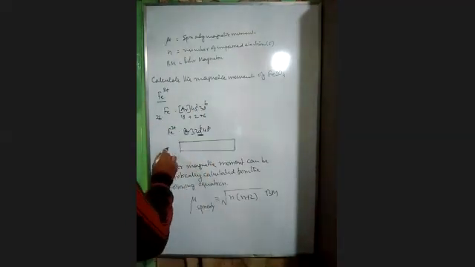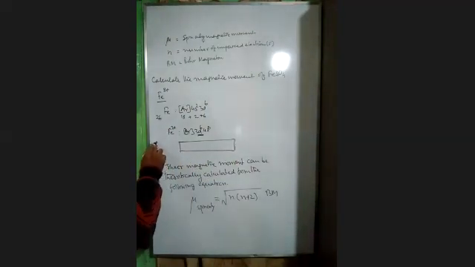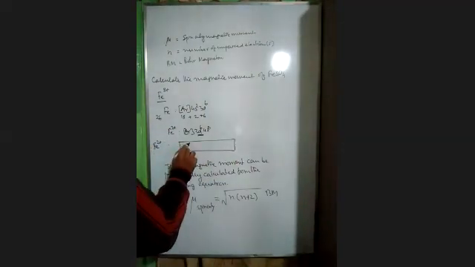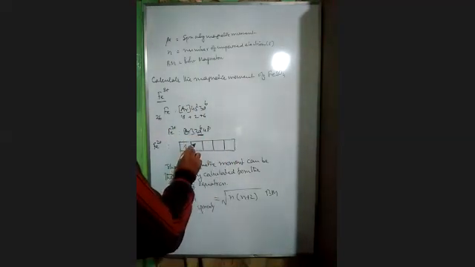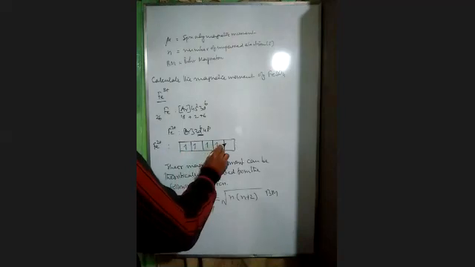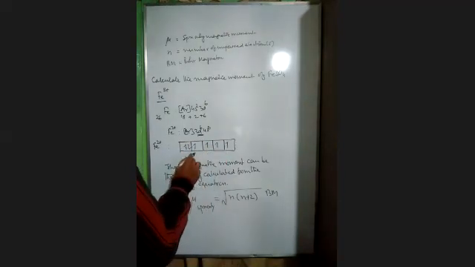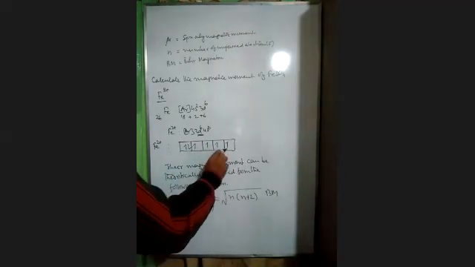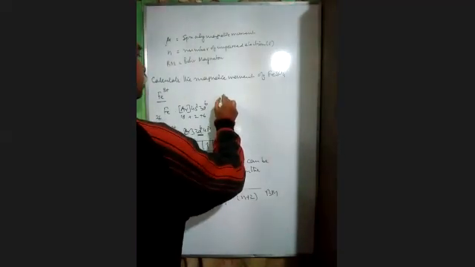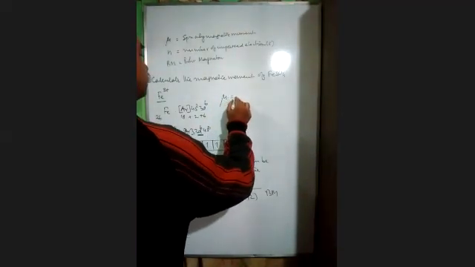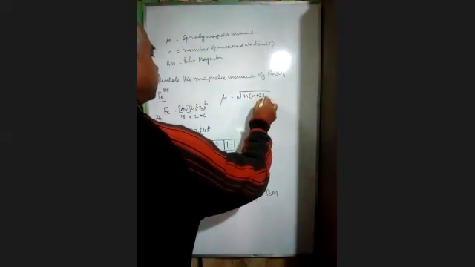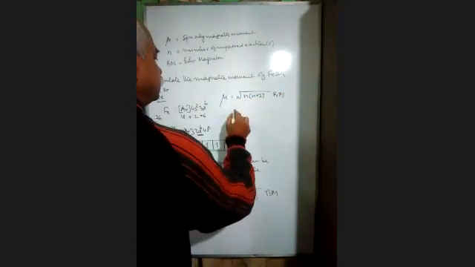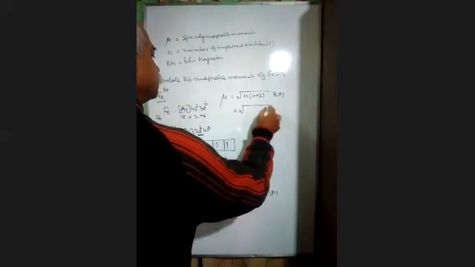Now I have to find out how many electrons are unpaired. So I'll write now here Fe2 plus, see, 6. So 1, 2, 3, 4, 5, 6. So how many unpaired electrons are there? 4. So now I'll calculate mu is equal to root over n into n plus 2 BM. Now n is equal to 4.